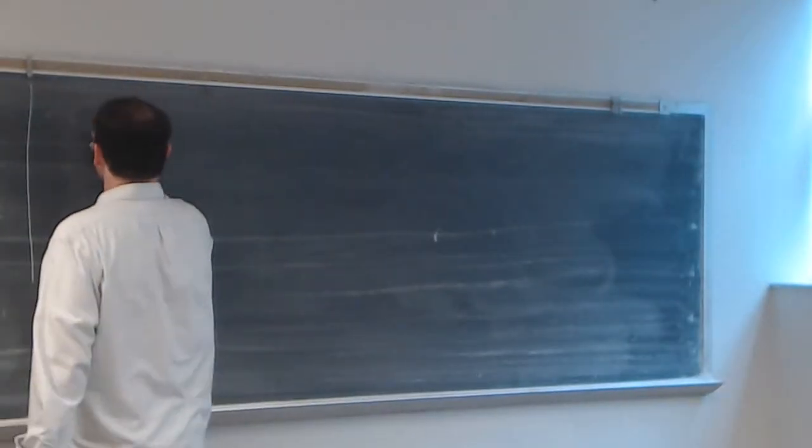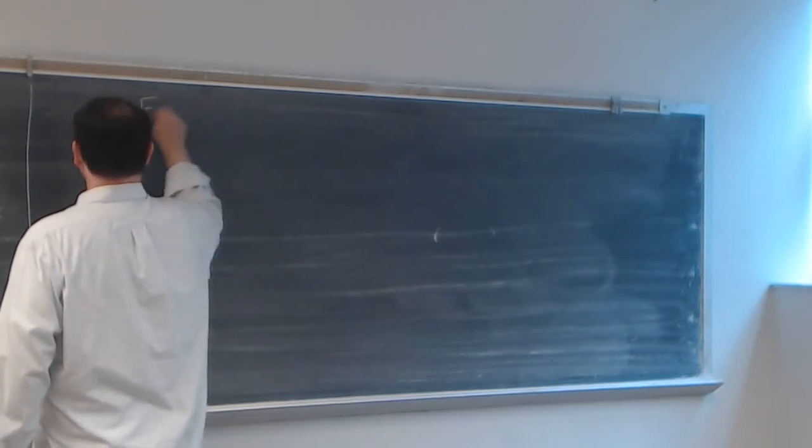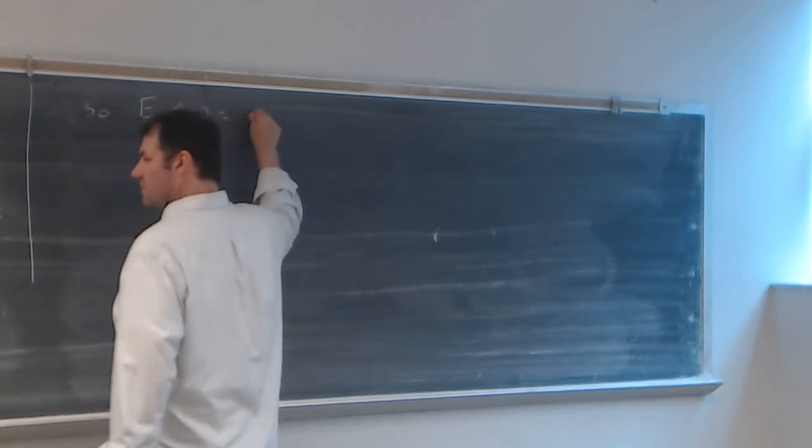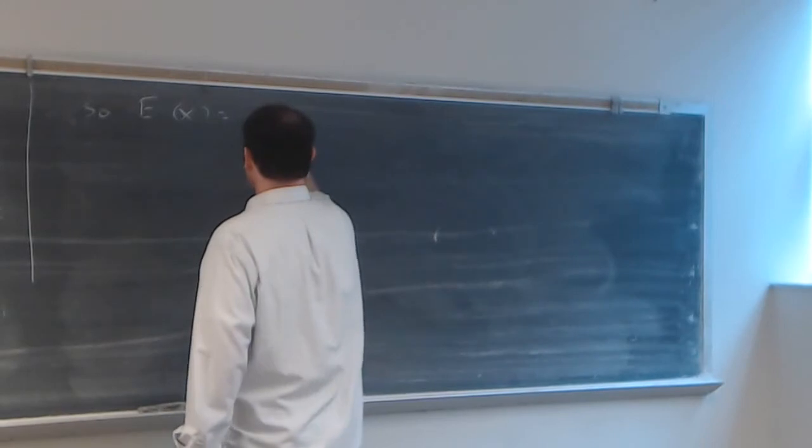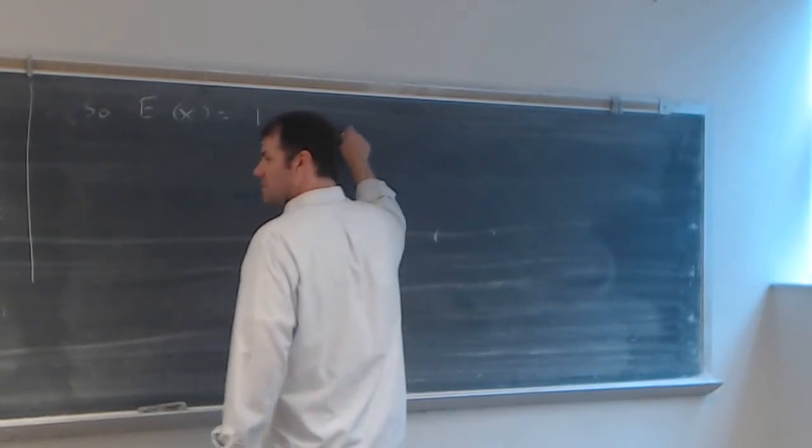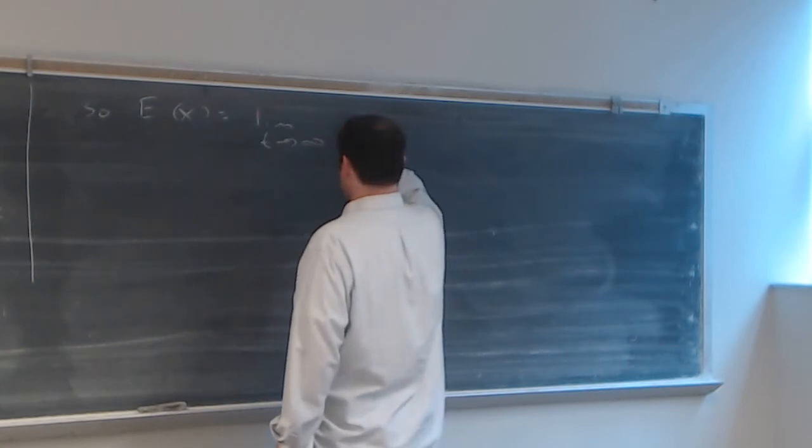Okay, what we get, the expected value of X is going to be equal to the limit as t goes to infinity. And here, this integral is going to be uv.